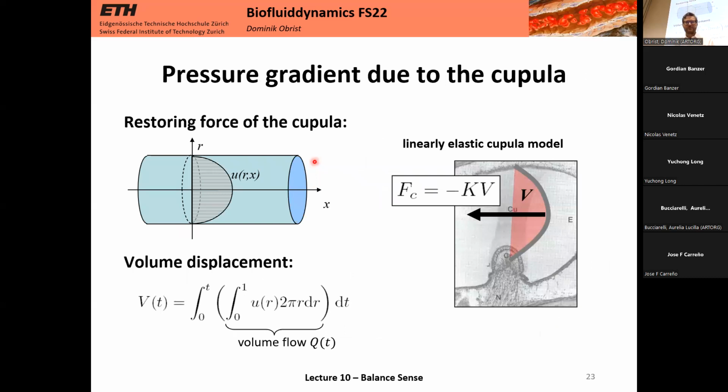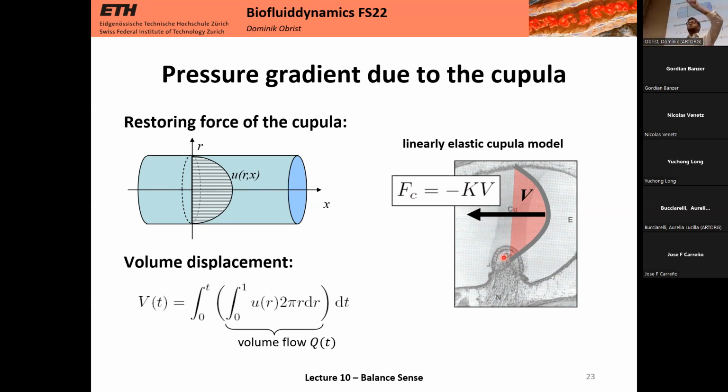So we can start modeling a reaction force of the cupola: V, the volume under the cupola, times the spring force K, that's what we have in the Steinhausen model, leads to a force F. If we divide this force by the cross-section of the canal, we get a pressure.